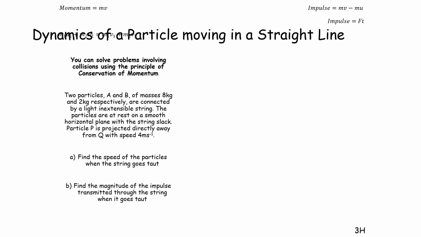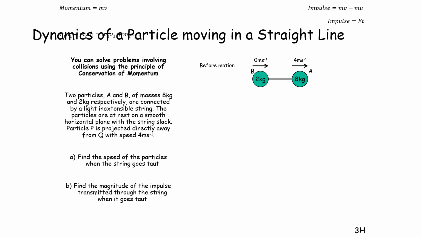If we have two particles A and B of mass 8 kg and 2 kg respectively, connected by a light inextensible string, the particles are at rest on a smooth horizontal plane with the string slack. Particle P is projected away from Q with a speed of 4 meters per second. So same as before, if you draw the diagram, before collision, A is pulling B.